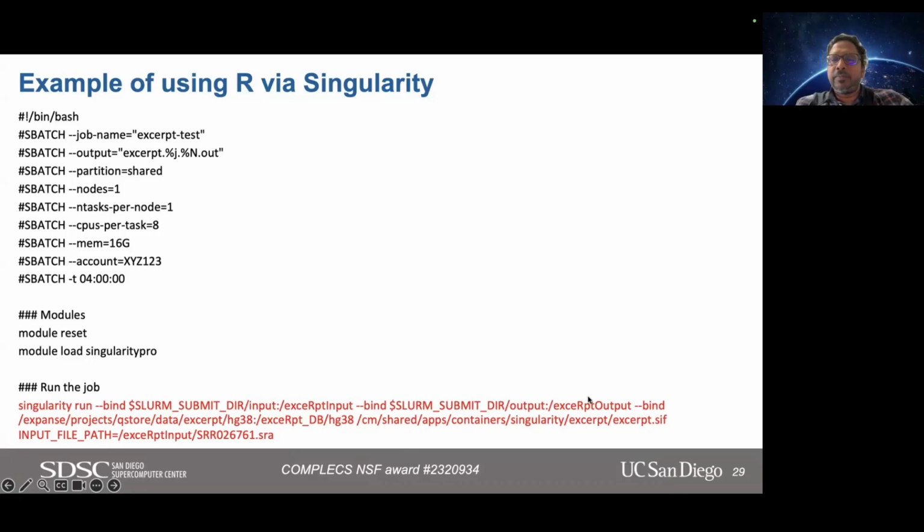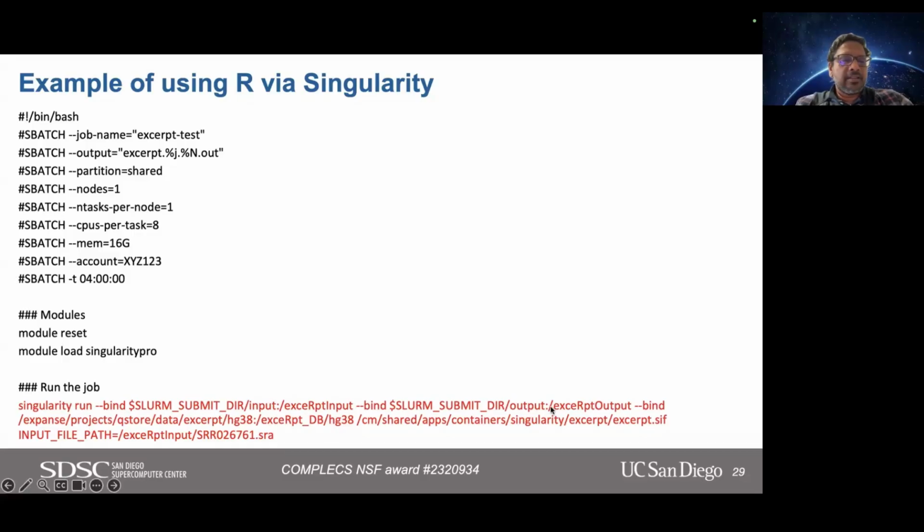Similar thing with output, it expects the output to go to one location, so you put it there. And then I'm binding in some data because excerpt also needs reference data. And again, we didn't put the reference data in the container because then the container gets to be too big. So it's sitting on the system, and I just mount it on the location that it needs.